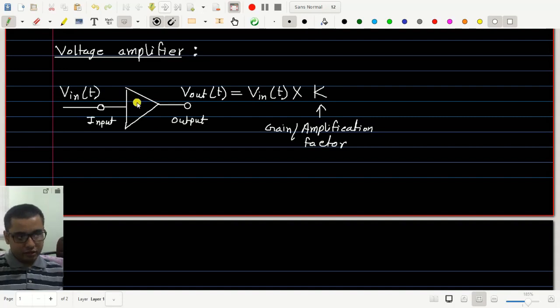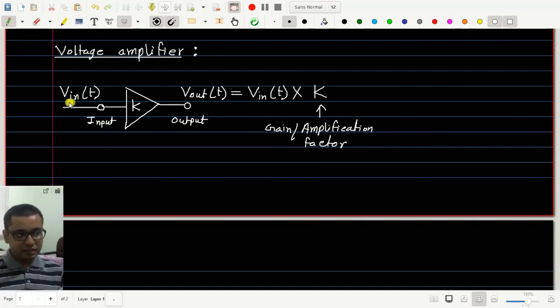We may also write inside this triangle the value of the gain or amplification factor. So, a voltage amplifier simply takes one voltage input and produces a voltage which is same as the input multiplied by some constant gain or amplification factor.